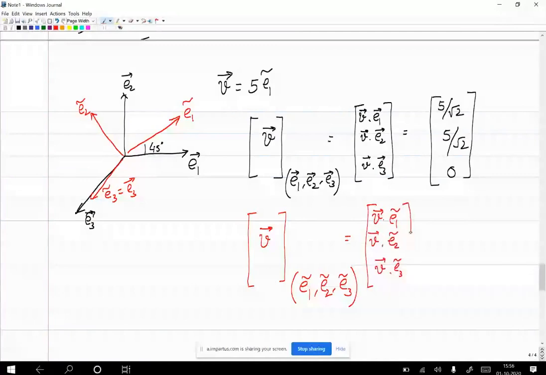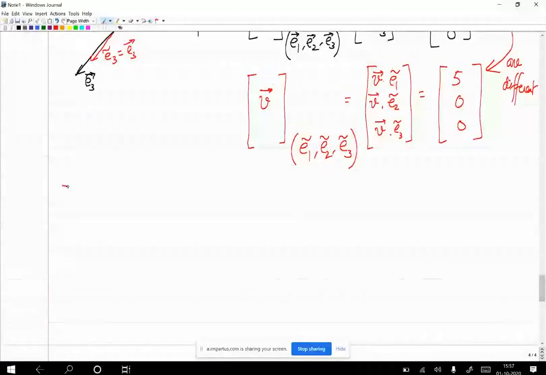Okay? And now when you work it out, you get 5, 0, 0. So what you see is that these two are different. So they depend on the coordinate system. And they are also called the representation of a vector.